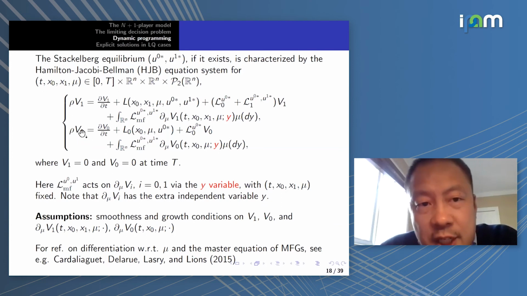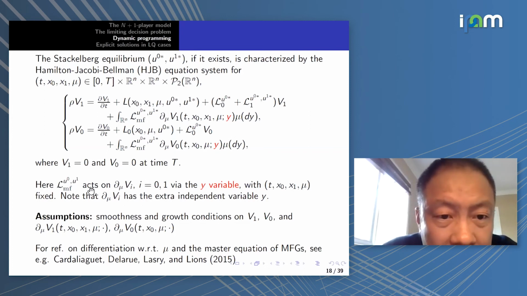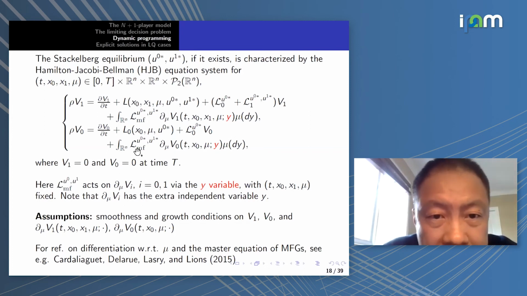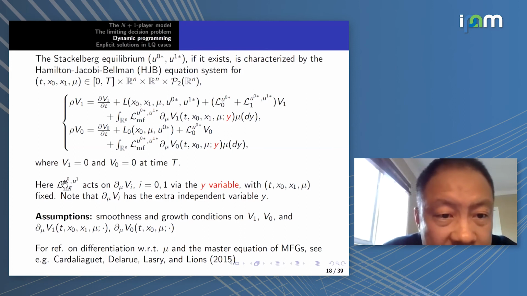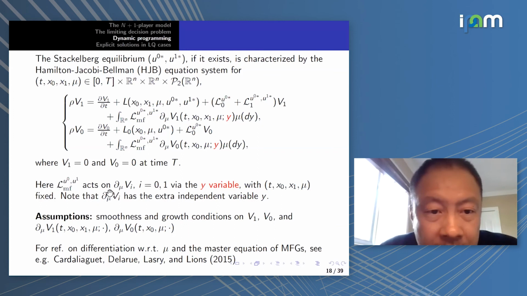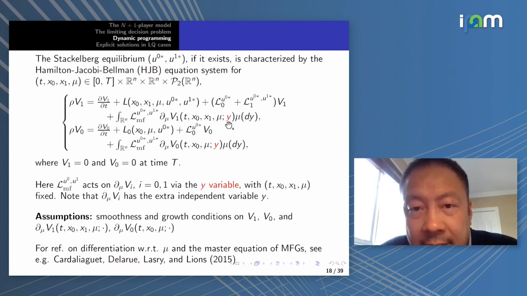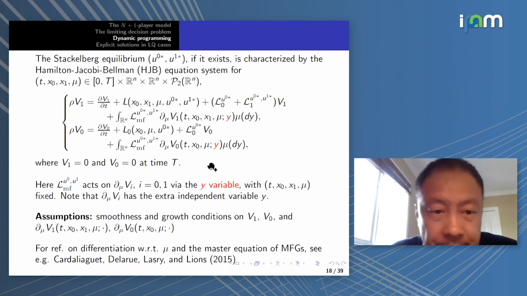The second equation is for the major player. For the generator L sub MF, it acts on the y variable. So we use the red letter to highlight.